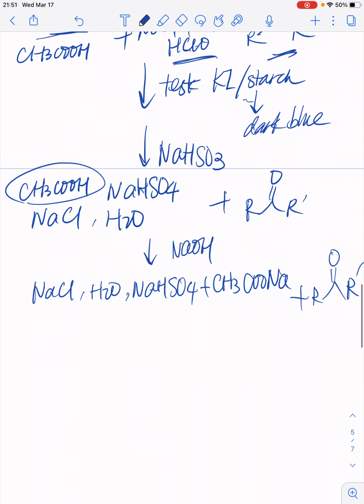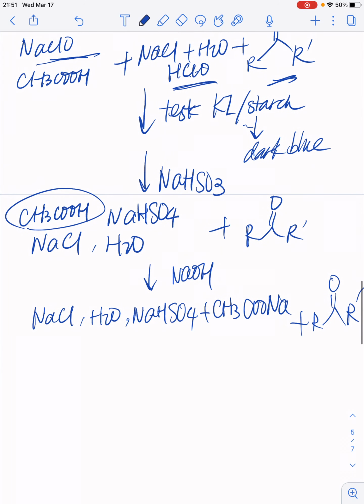We also tested again after the sodium bisulfite step using KI starch paper. And this time, the solution will remain colorless or unchanged because there shouldn't be any oxidizing reagent left, right?